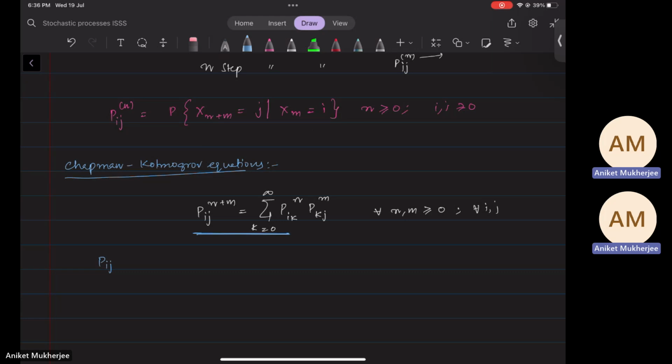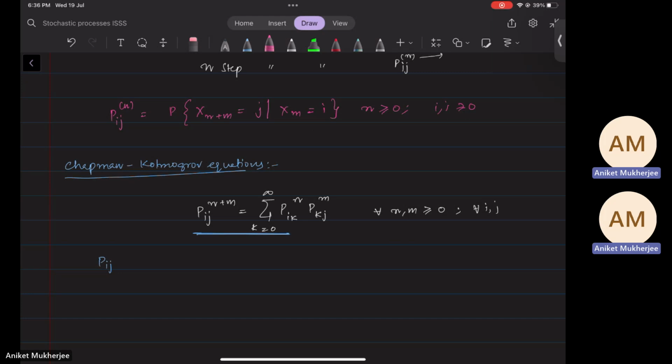So you pick a k and then calculate the probability of going from i to k in n steps and k to j in m steps. Now you just vary k. As you keep on varying k, you will see that you're covering all the sample paths that are possible for you to go from i to j in n plus m steps. That is the basic idea behind the Chapman-Kolmogorov equation.